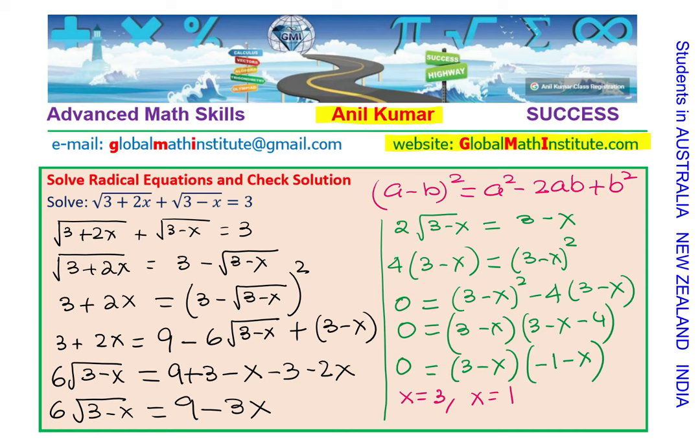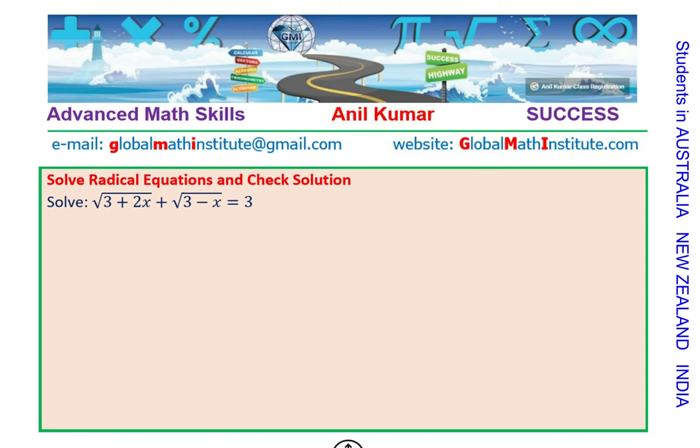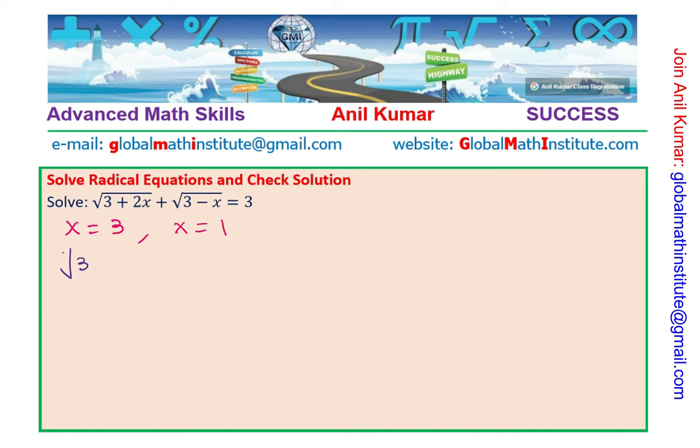So let's go to the new page. So we have two solutions, x equals 3 and x equals 1. So let's check for x equals 3. In that case, if I substitute 3 here, I get square root of 3 plus 2 times 3, which is 6.